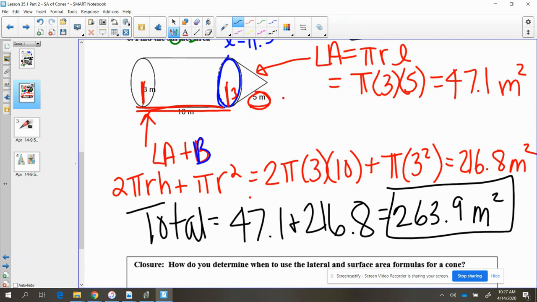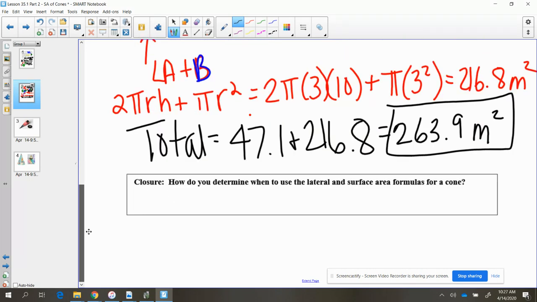All right, now for our closure question today: how do you determine when to use the lateral area and the total surface area formulas for a cone? Well, we use the total surface area when we want the surface area for the entire cone.